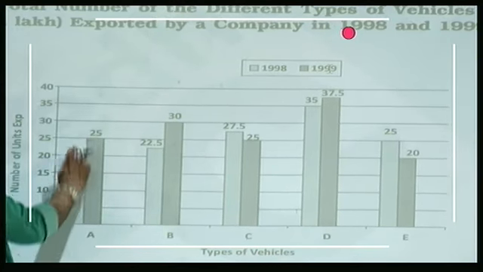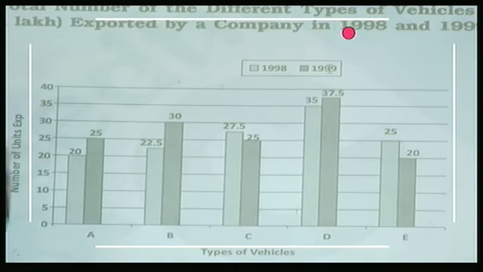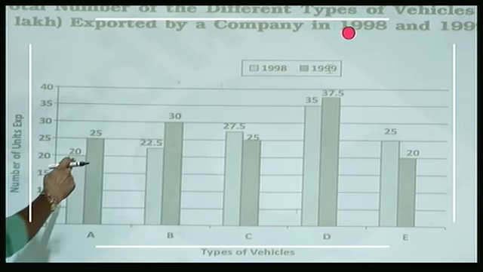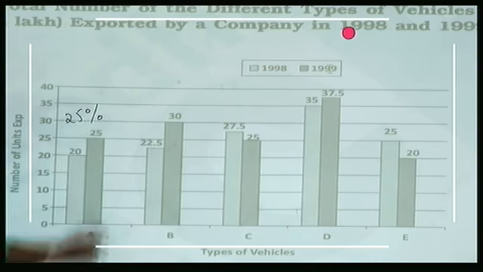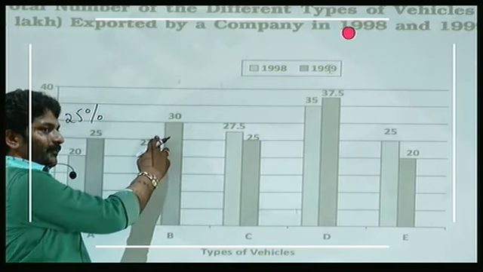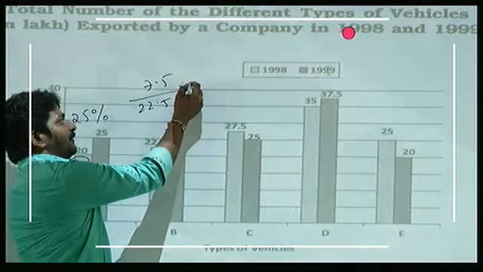Fine. So here the difference is 20 to 25. The difference is 5, from 98 to 99. 20 increases to 25, increased by 5. 5 out of 20 is 25%. And here it is 7.5 increase from 22.5.